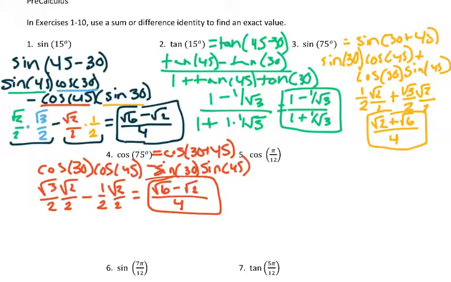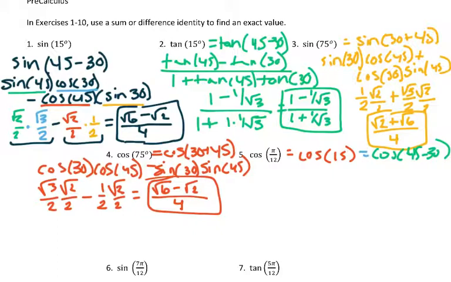Alright, next one I'm going to change from pi over 12 to its degree measure. So just for reference, pi over 12 times 180 over pi means that our degree measure is actually 15. So cosine of 15, of course, I'm going to use 45 and 30 again, so kind of a lot of the same thing, but cosine of 45 minus 30.